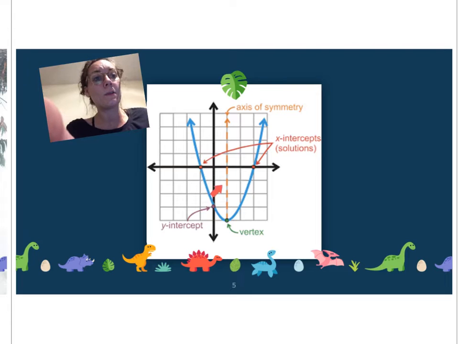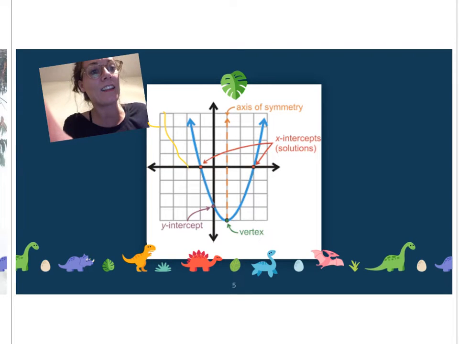And then your axis of symmetry is that invisible line that if I were to fold this smiley face in half, it would line up exactly. If you were to get a line that looked like that, this is not a parabola, so I can't fold this line.